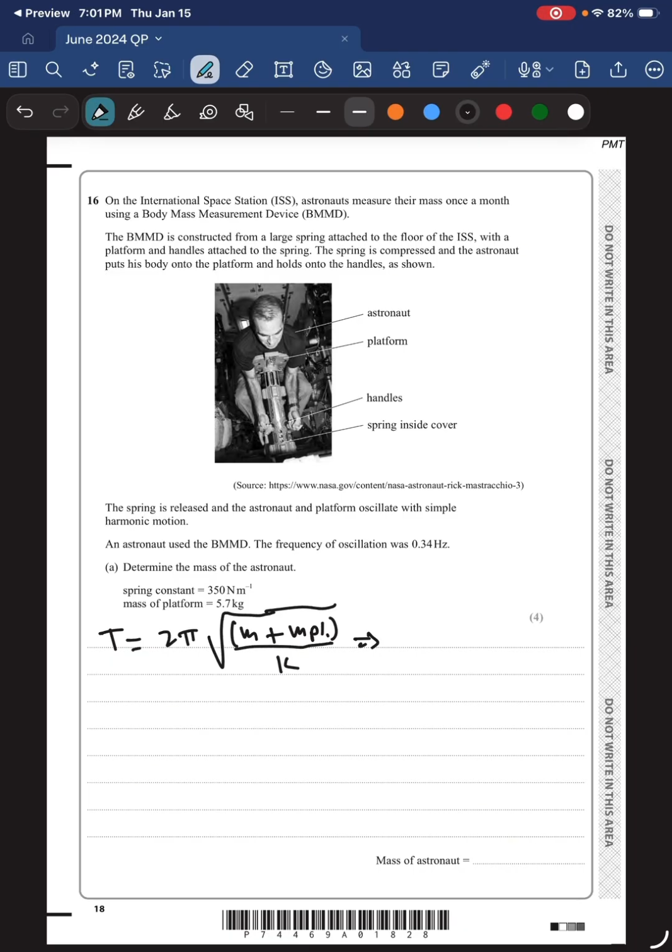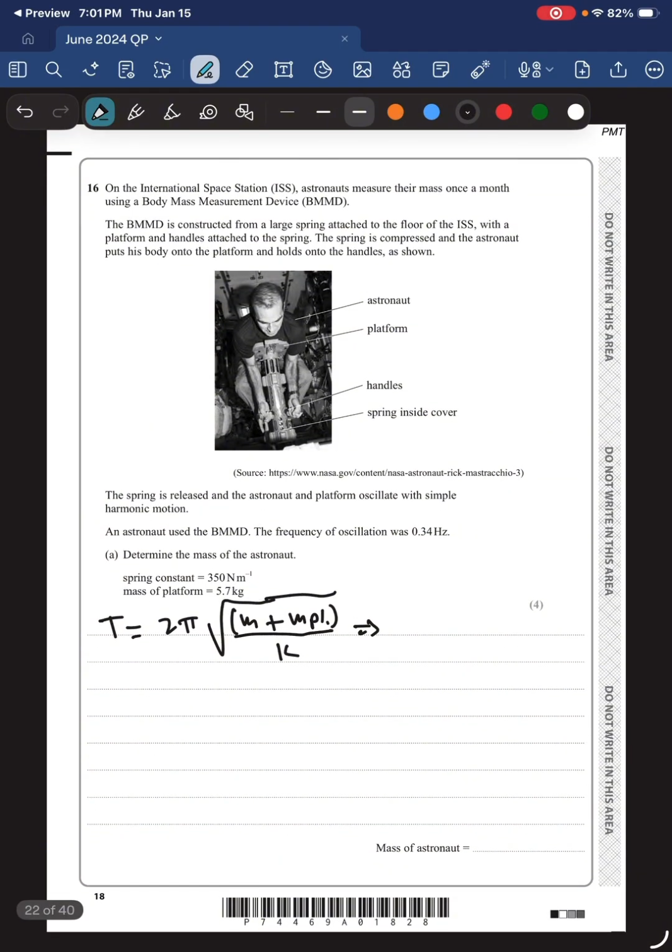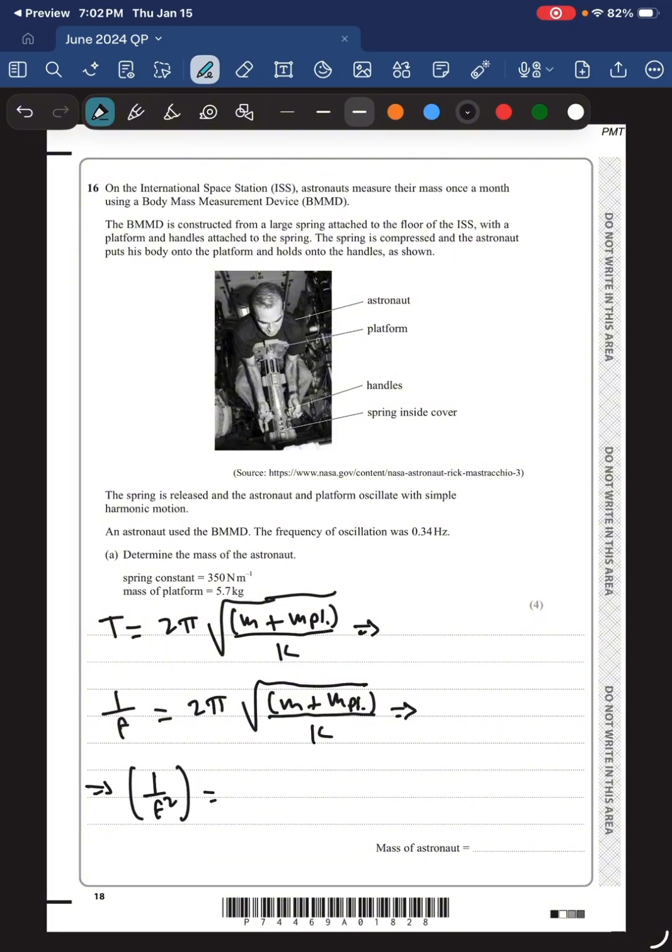But they don't give us the period, they give us the frequency. The period is 1 over the frequency, and this is equal to 2 pi times the square root of (m plus m of the platform) over k. Let's take the square of both sides to get rid of the square root.